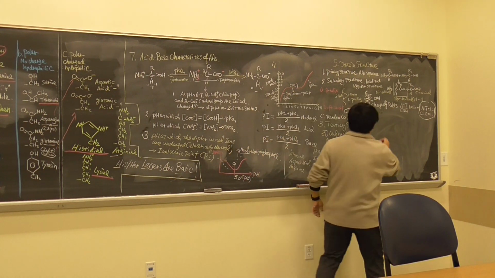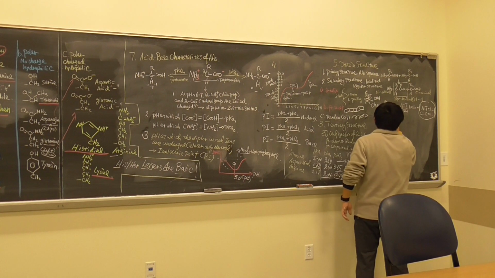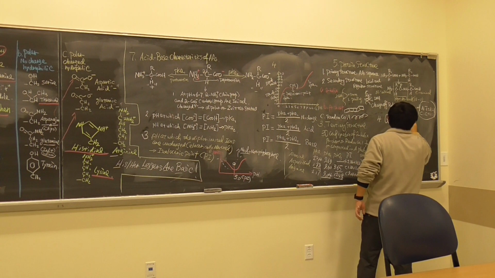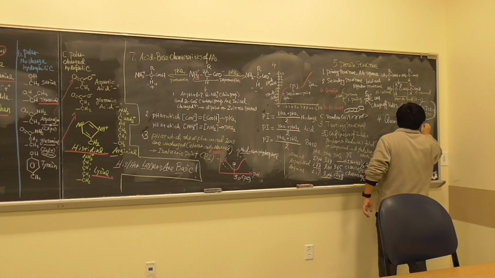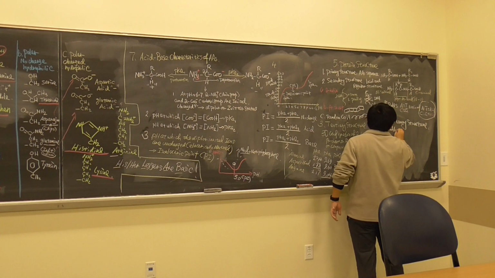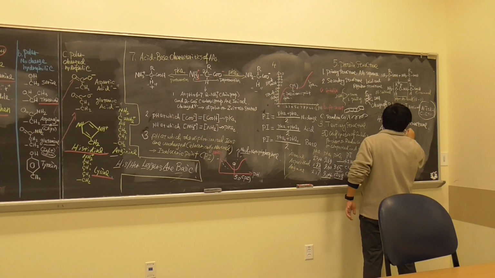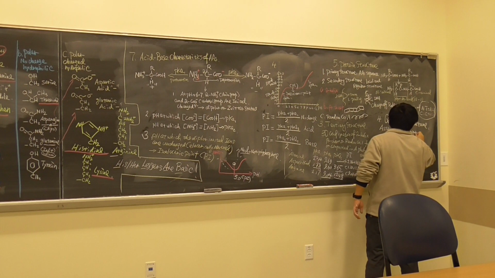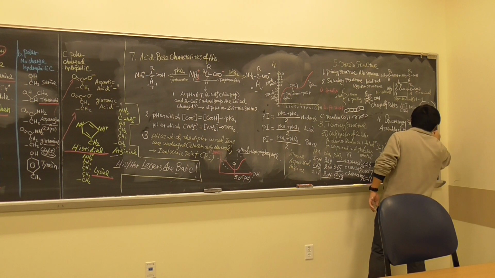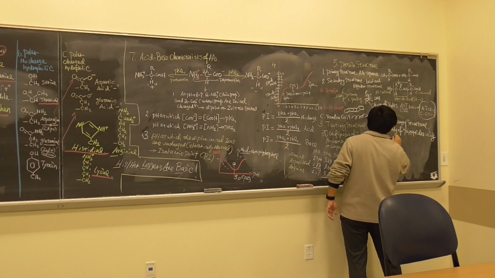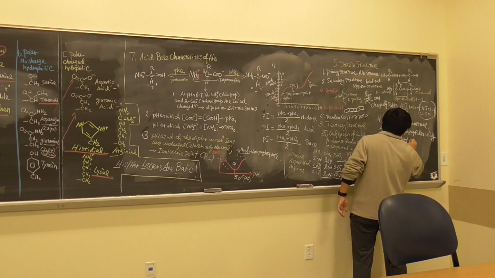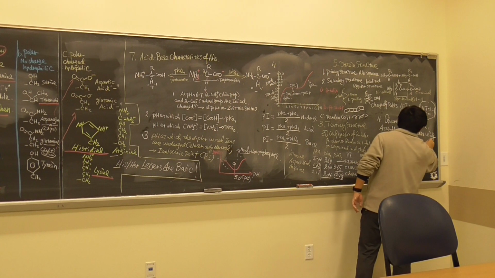Okay, the last one, quaternary structure. What is the quaternary structure? Assembly of polypeptides using non-covalent, non-disulfide bonds.